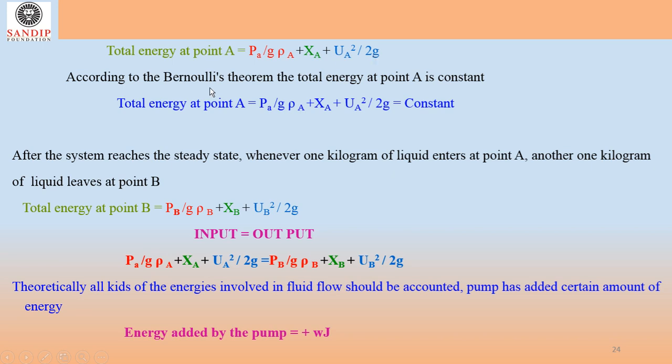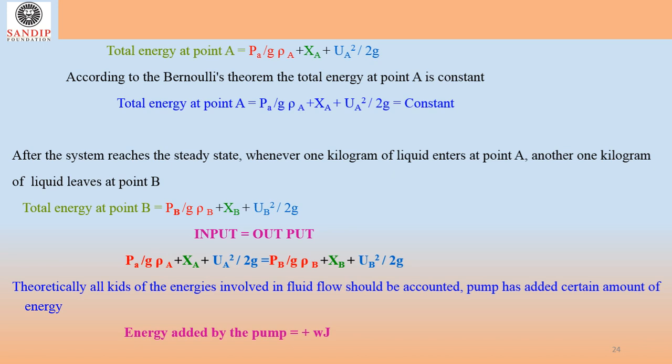According to Bernoulli's theorem, the total energy at point A is constant, so let us write this equation equal to constant. Then after the system reaches the steady state, whenever 1 kilogram of liquid enters at point A, 1 kilogram of liquid leaves at point B.